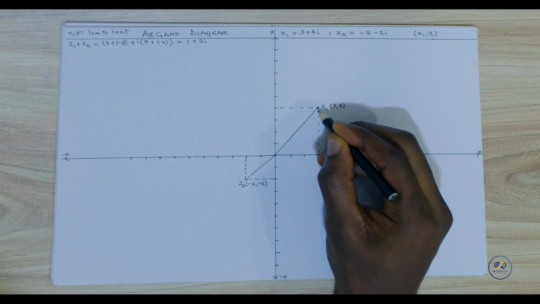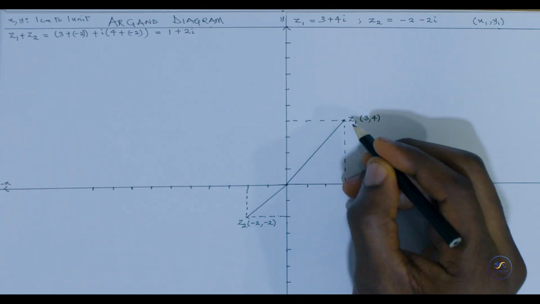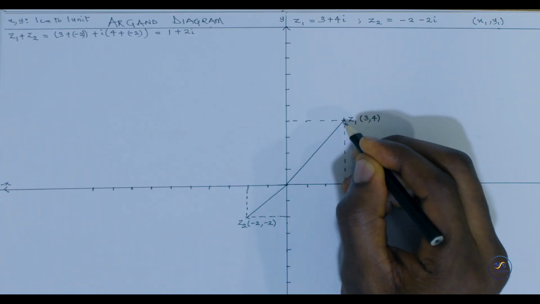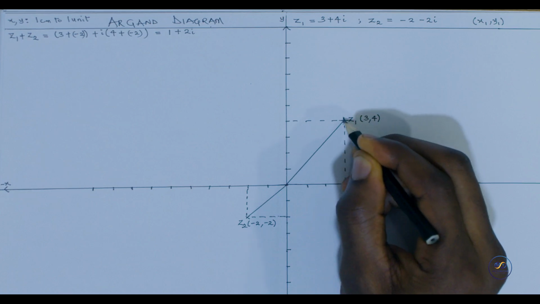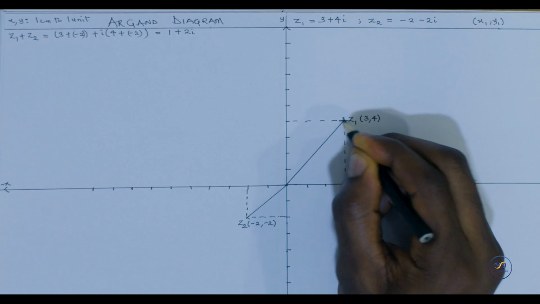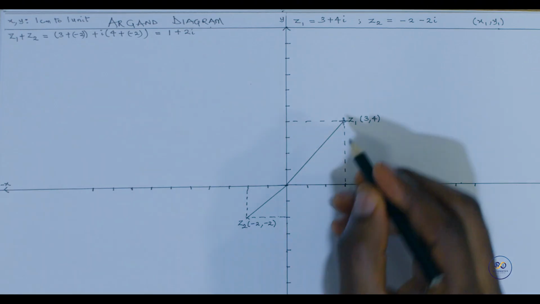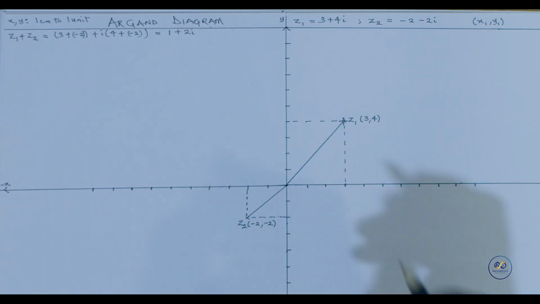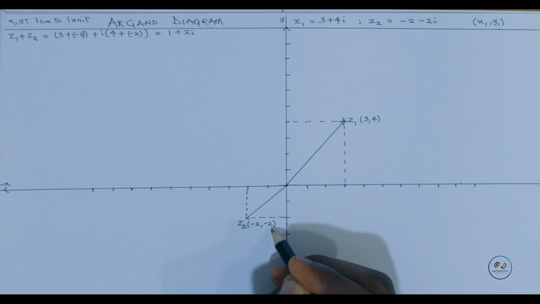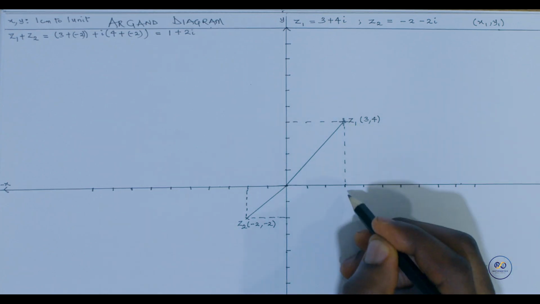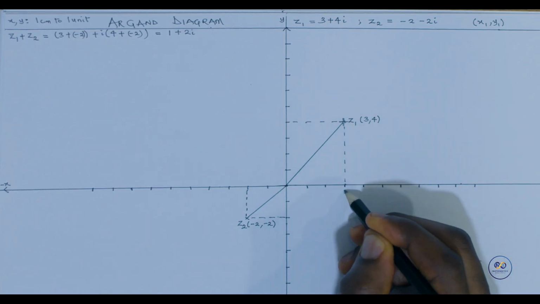Z1 has been constructed here. At this point, let us overlay this as the new origin. If this is the new origin, (0, 0), and we plot -2 and -2 from there, this would now be the new 0 here.